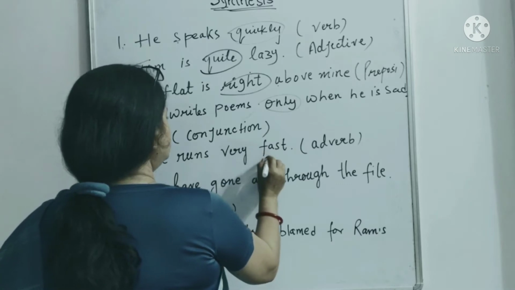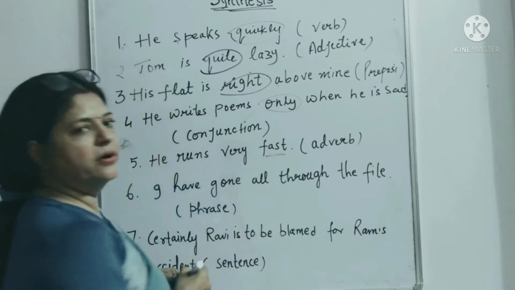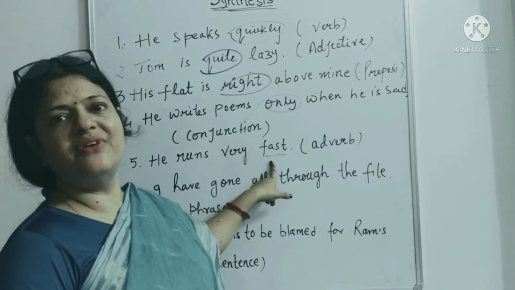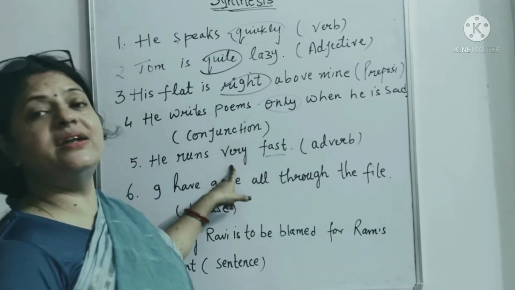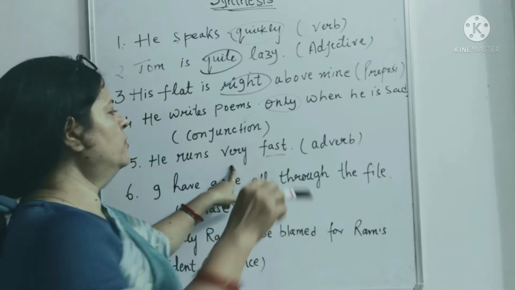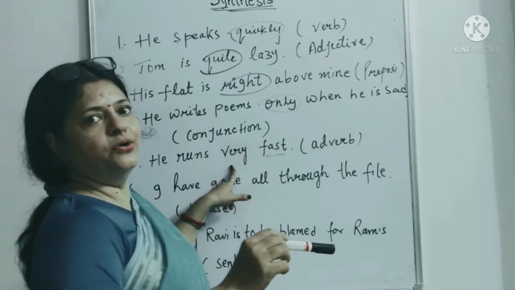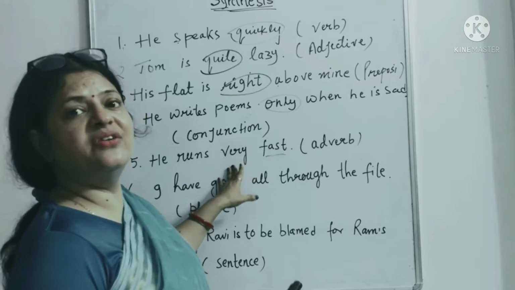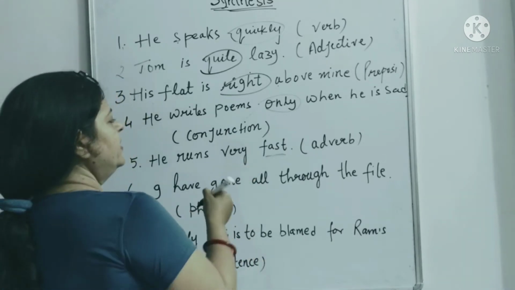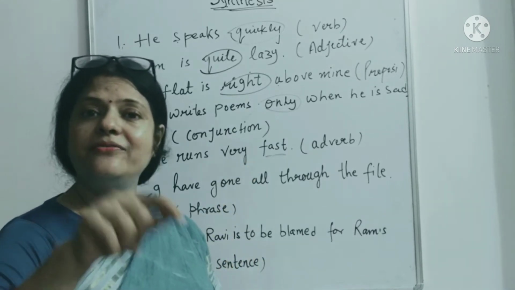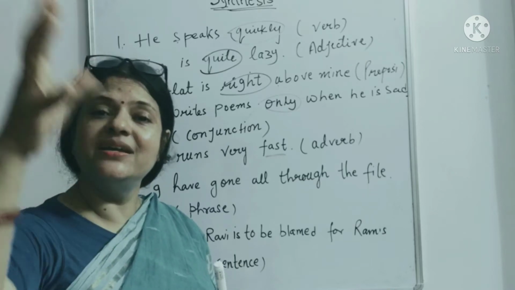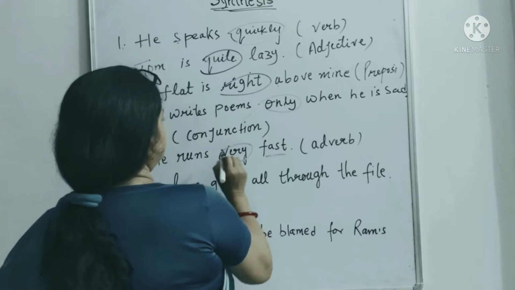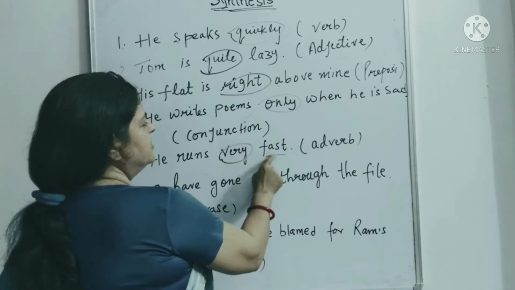So here we see fast is an adverb, and in front of this adverb we have another adverb, telling how much fast he runs. As I told you, an adverb can modify another adverb also. So here this very is an adverb which is modifying this fast.